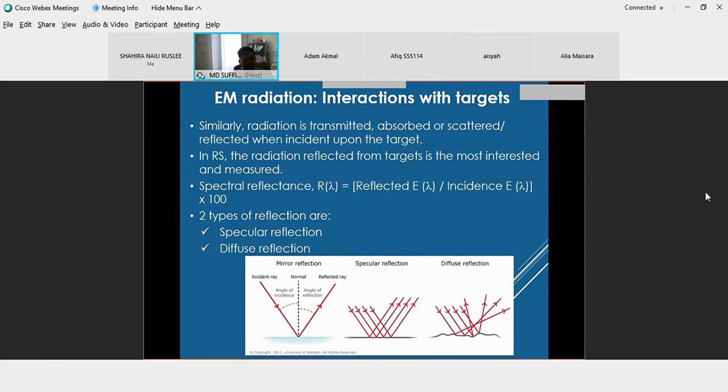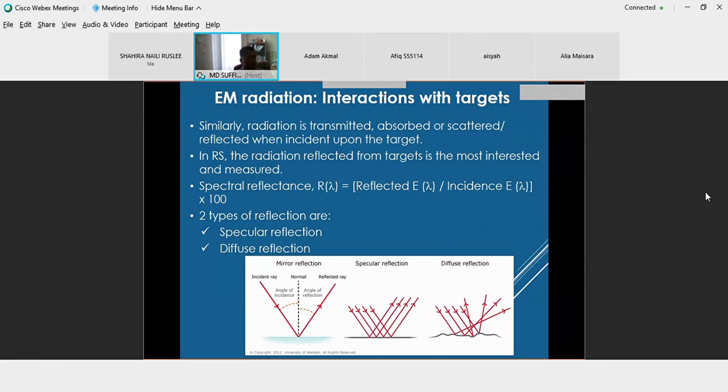So kali dengan 100. Dan untuk spectral reflectance ataupun kita panggil sebagai R, biasanya unit dia adalah steradian lah, sr, ataupun biasanya kita tak buat unit, you tak buat unit pun tak apa.